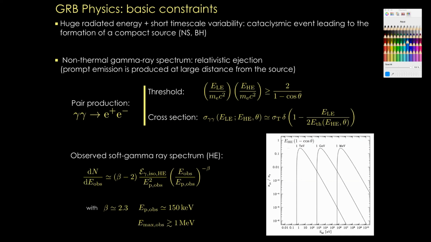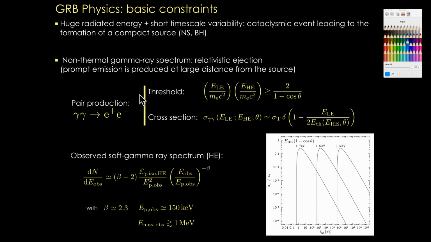And you should not observe the non-thermal spectrum extending above 1 MeV. So I gave this argument yesterday, and today I would like to explain more precisely how we can derive a minimal value for the Lorentz factor to solve the problem.